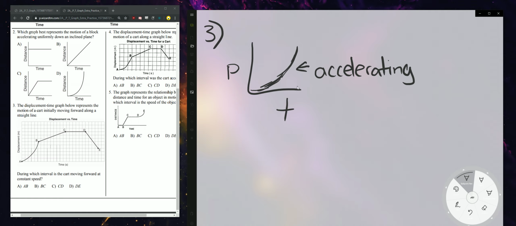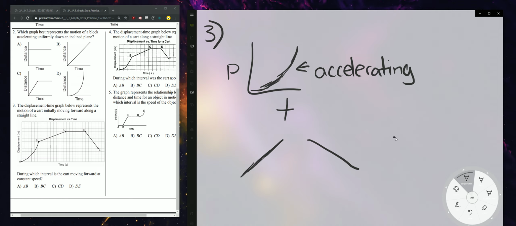So it can't be A to B, because the question wants a constant speed, and you can't have an acceleration if you're constant. So you're looking for straight, constant slopes. It can be either this or that.